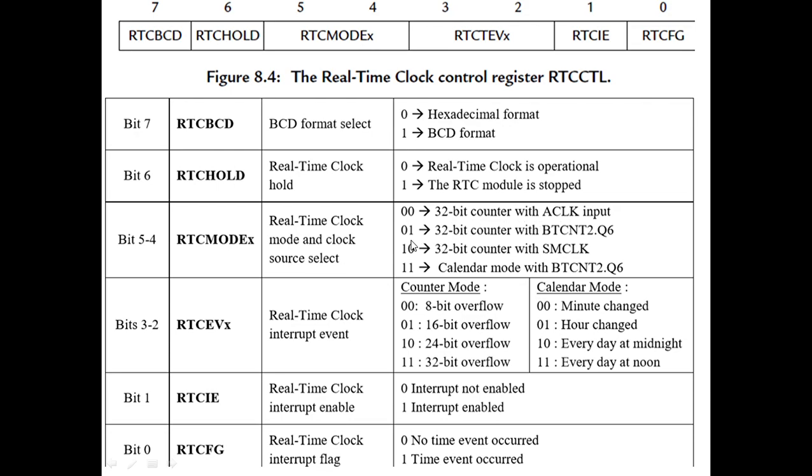If it is 01, that acts as a 32-bit counter and the clock is coming from basic timer counter 2. If the value is 10, the real-time clock mode acts as a 32-bit counter sourcing from the subsystem master clock. If the real-time clock mode value is 11, it selects the calendar mode with sourcing from basic timer counter 2.